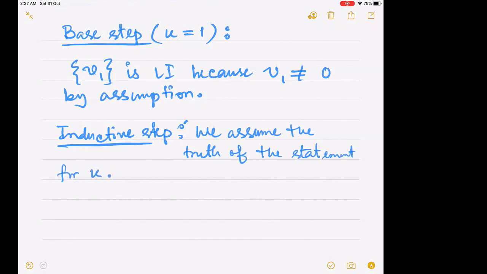We have to show that the statement holds for k plus 1.